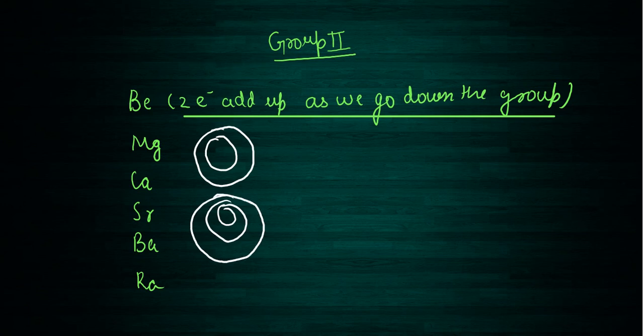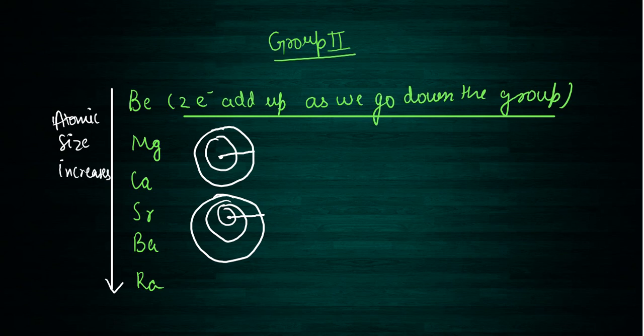As the number of shells keeps on increasing, the distance from the nucleus to the last boundary also increases, and hence, similarly, while going down the group, our atomic size increases, and the reason is that the number of shells increases.